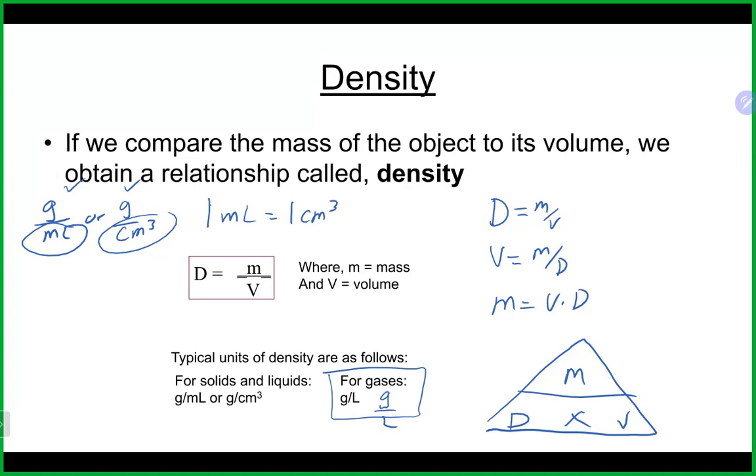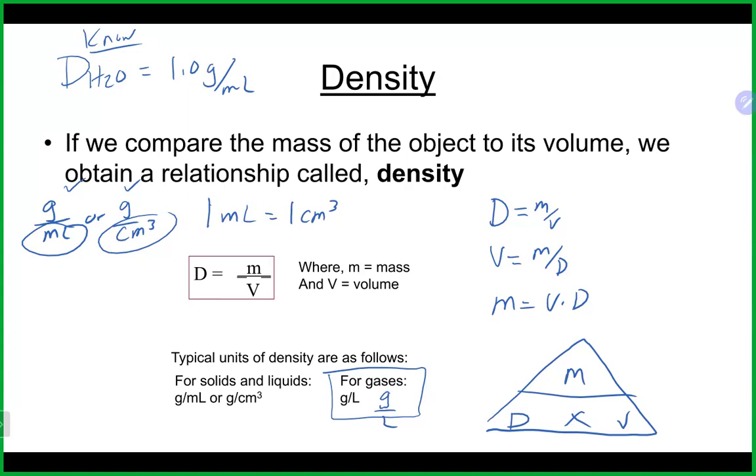But for the most part for our class here, usually these are your go-to units for density. The density of water is an important value that people always want you to know, and it is 1 gram per milliliter. And it does change with temperature. So the density of a substance will change with temperature.